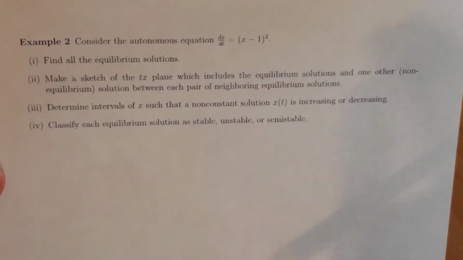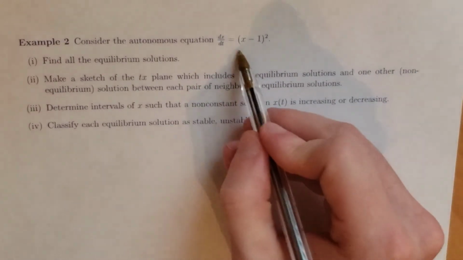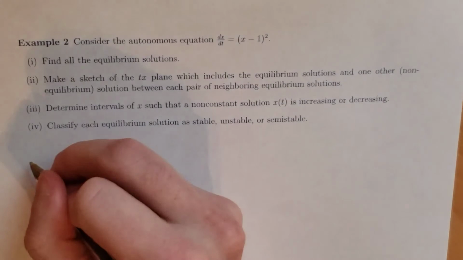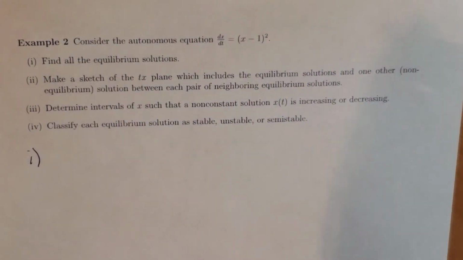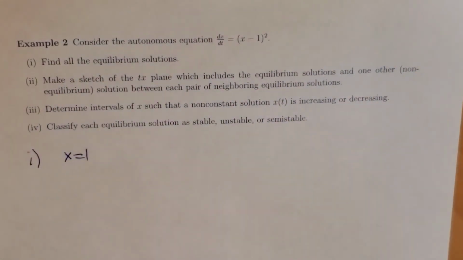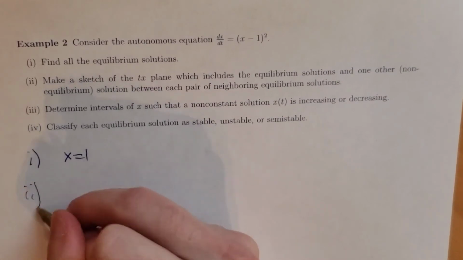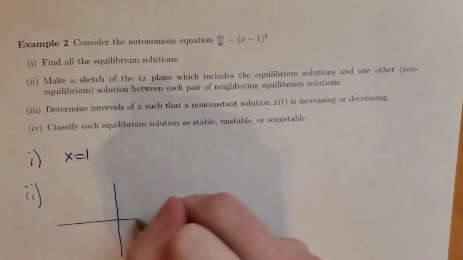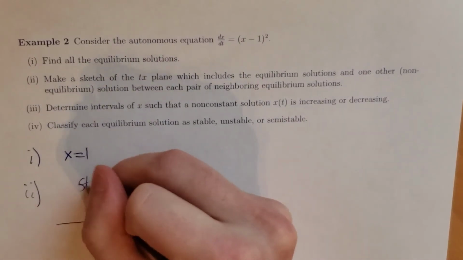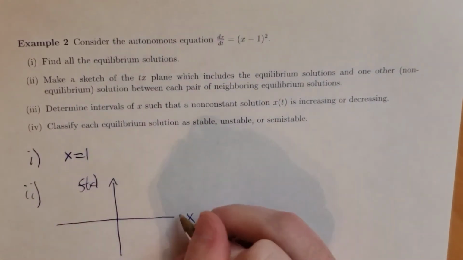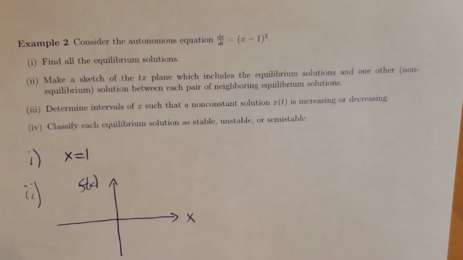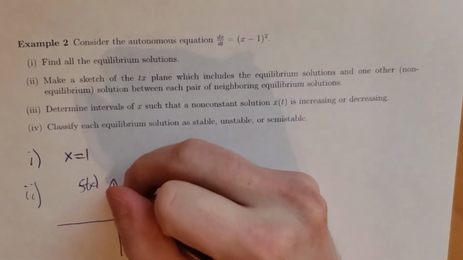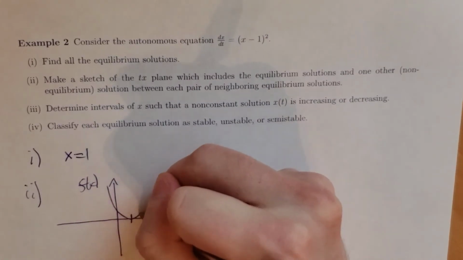Okay. So we're going to consider the autonomous equation, x minus 1 quantity squared. So first, find all equilibrium solutions. Well, this is just x equals 1. Part 2, we are going to draw our f of x function. And this is x minus 1 squared, so this looks like this.